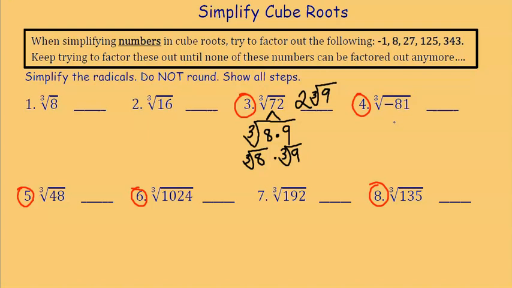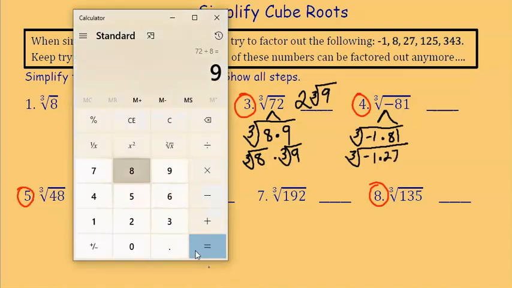Let's look at the next one, number 4. The cube root of -81. We have a negative, so we can factor out a -1. 81, if you try to divide it by 8, you get a decimal. But you can divide out a 27. 81 divided by 27 is 3.